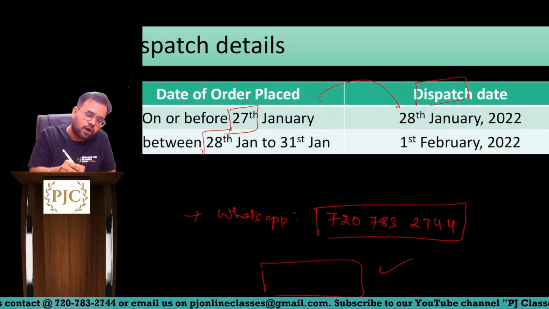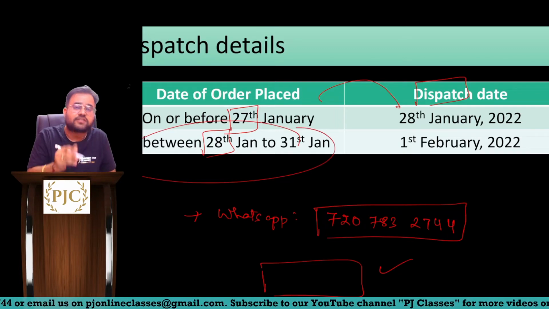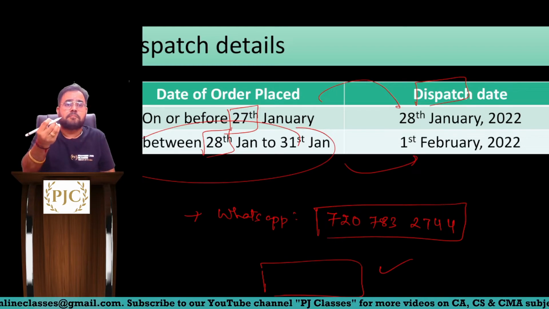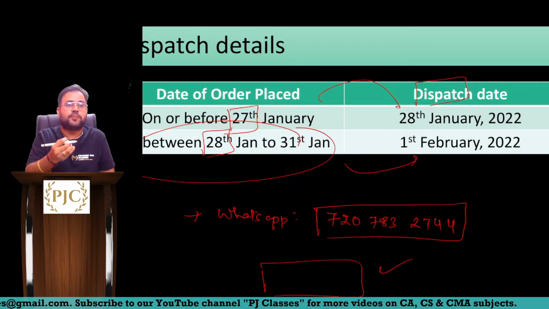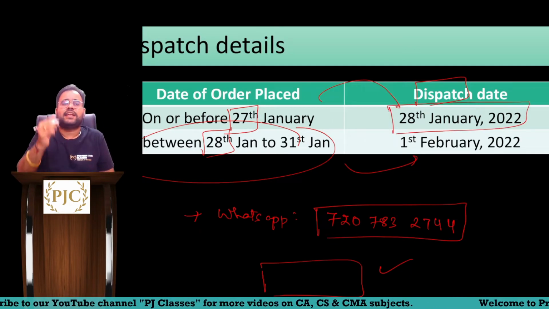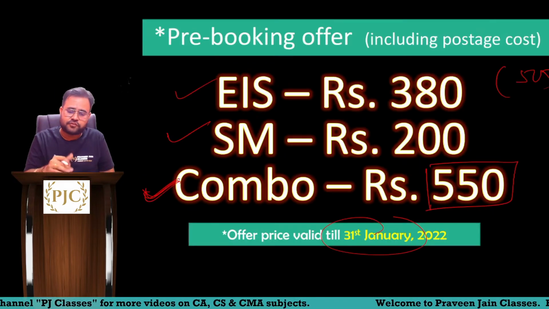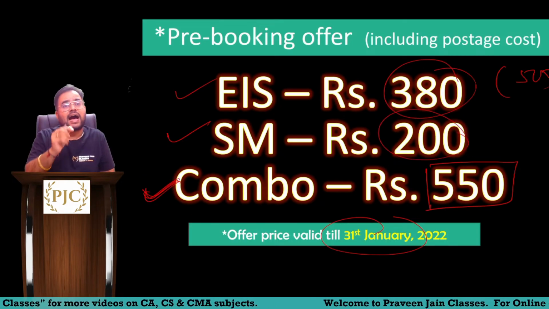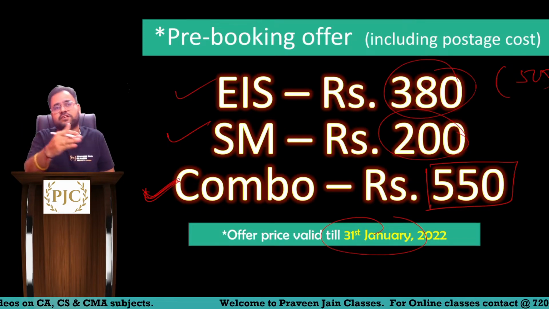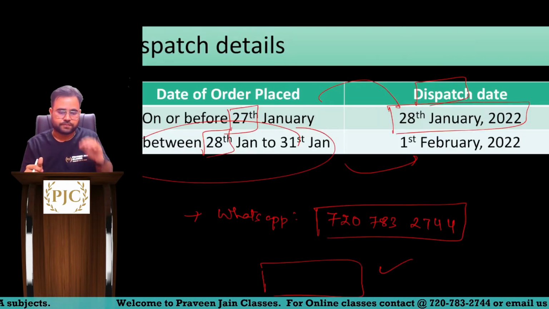Students who are ordering from 28th January to 31st January, all the orders accumulated will be dispatched on 1st February. So instead of delaying things, it is better you order as soon as possible so that you will be getting the delivery from 28th. All the prices which we have discussed here include postage. We are not charging any extra price for postage.